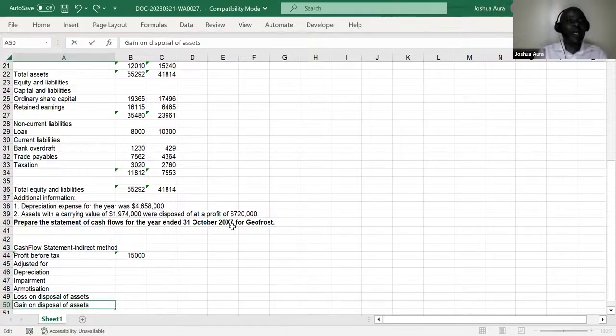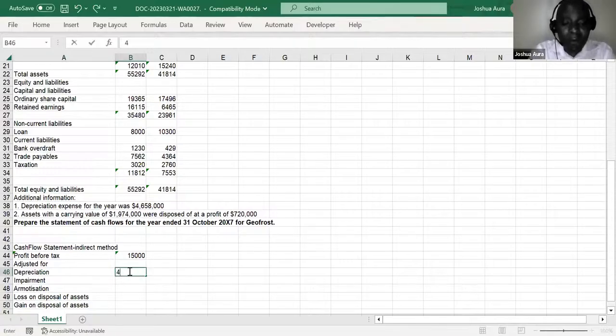So now adjusted for depreciation, mine is a very simple thing. Remember that our figures are in thousands. For depreciation, we are told the expense there is 46.58, so this is what you shall put here. Enter. From there, we have impairment, not mentioned anywhere.